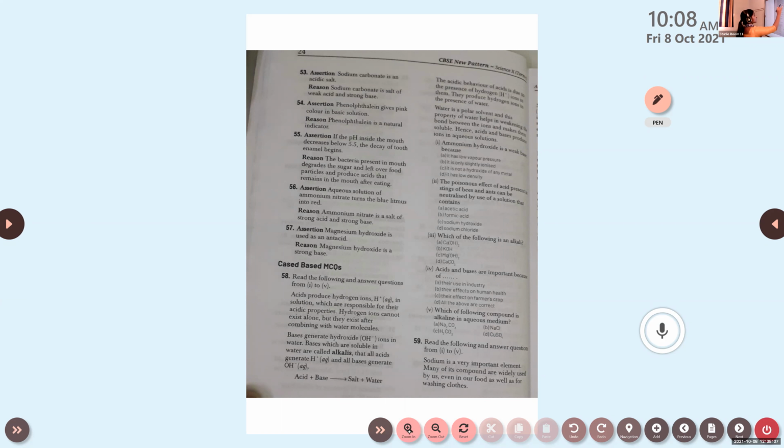Phenolphthalein is not a natural indicator, right? It is man-made, or chemical. So which option? C, because the assertion is right and the reason is wrong. So we can discuss the remaining things later.